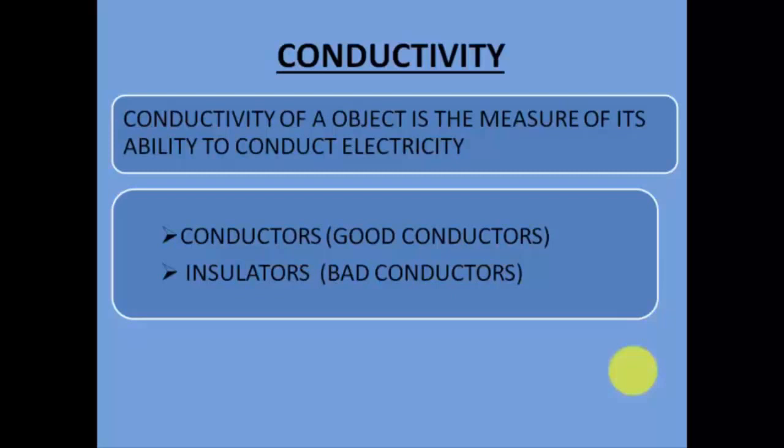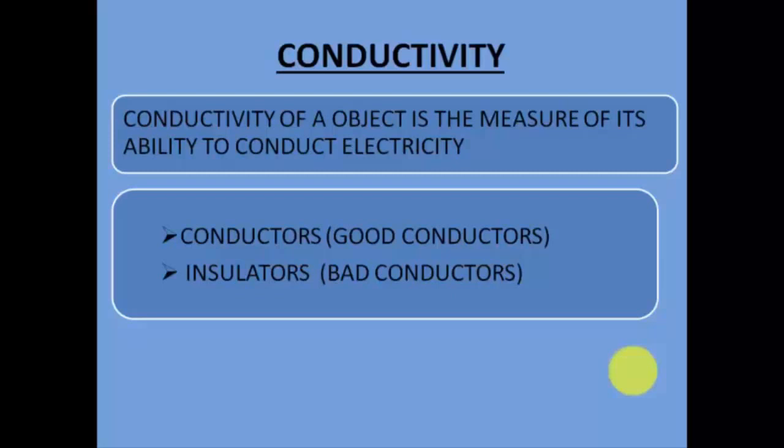Conductivity of an object is a measure of its ability to conduct electricity. So if there are objects which allow the electricity to pass through them, then such objects are known as good conductors of electricity. However, some other objects which do not allow electricity to pass through them are known as insulators, or we can say bad conductors, that is, they cannot conduct electricity.